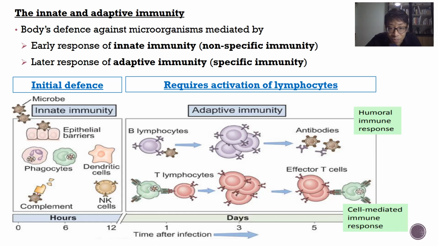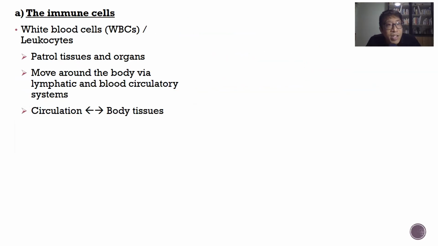which will come in my next video. Alright, so let's talk a bit about the cells involved in the immune system. There are many different types of immune cells, but collectively they are called white blood cells or leukocytes. Maybe in the past, you learned white blood cells as just one term.